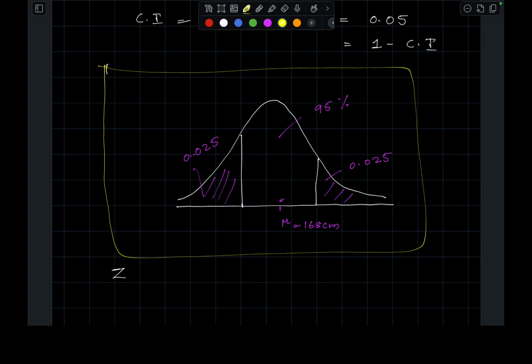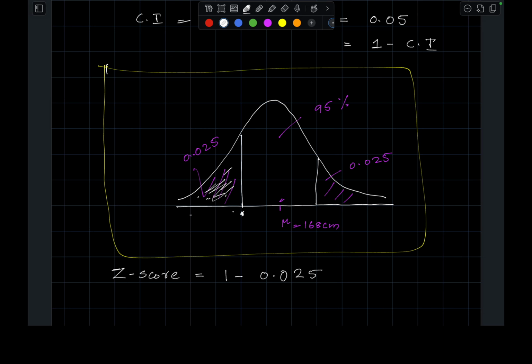According to the designed experiment, the Z score is nothing but 1 minus 0.025, because this area will be having 2.5 percentage, and this particular area will also be having 2.5 percentage.